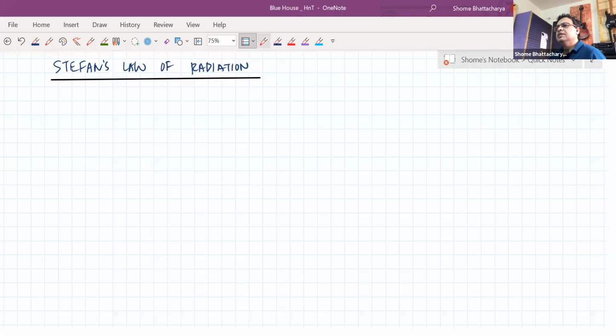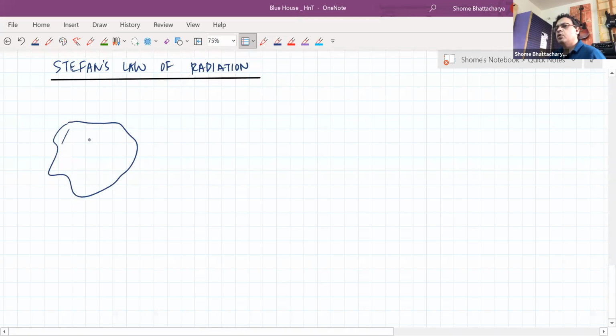So Stefan's law of radiation basically says this: if we have the surface of a body, radiation is a surface phenomenon. It occurs at the surface of a body with respect to its environment.